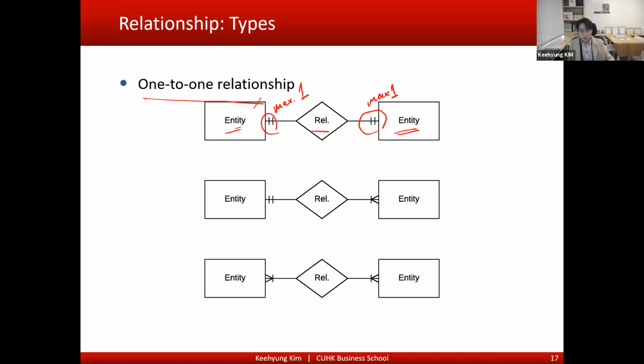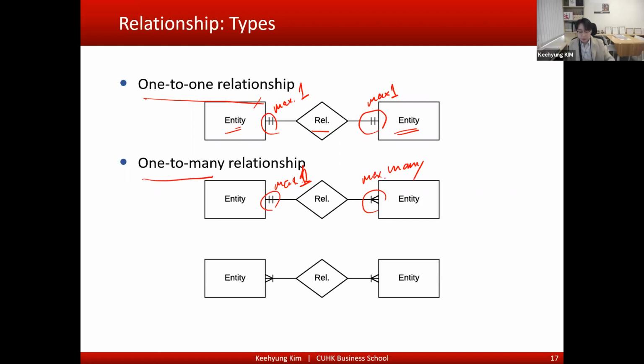So we define the relationship type based on maximum cardinality. This information is useful. We'll talk about this later, but it's one way to identify the relationship. In this case, here the maximum cardinality is 1, and here the maximum cardinality is many. Then we call this a one-to-many relationship.